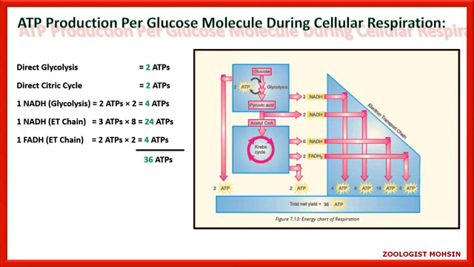By adding all the ATPs we get the answer 36, but I think it is an old version, and now the agreed upon number of ATPs produced during cellular respiration from a single glucose molecule is 32.